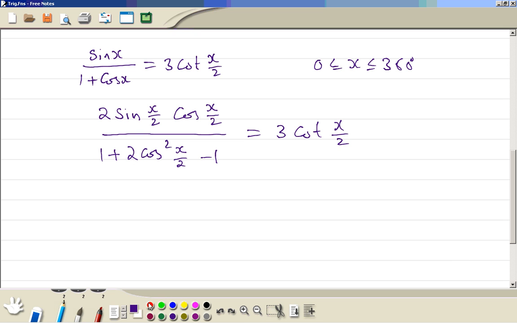So this 1 with minus 1 disappears. Gone. You have 2 in the front there, 2 here, that goes with it. You have cosine x over 2 on the top, cosine squared on the bottom, so the cosine squared part will disappear. So all you are left with is sine x over 2 on the top, cosine x over 2 on the bottom, which is tan.